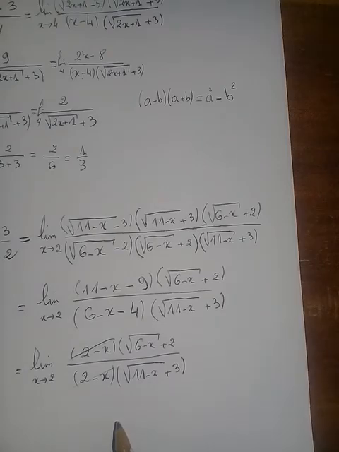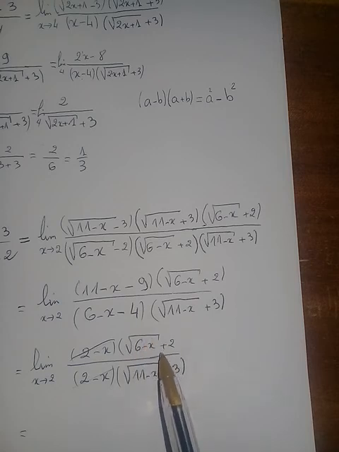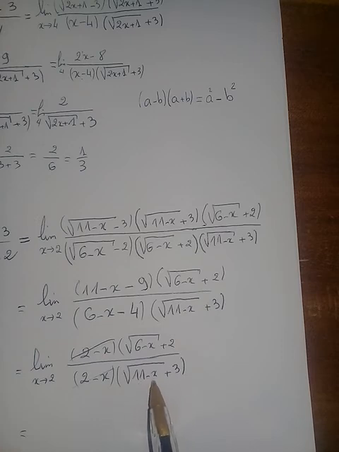Now if we plug in 2, we would have no problem. 6 minus 2 is 4, square root is 2, plus 2 is 4. This is good, and here 11 minus 2 is 9, square root is 3, plus 3 is 6.